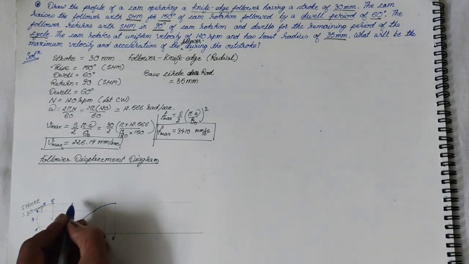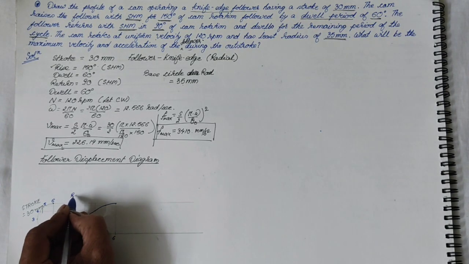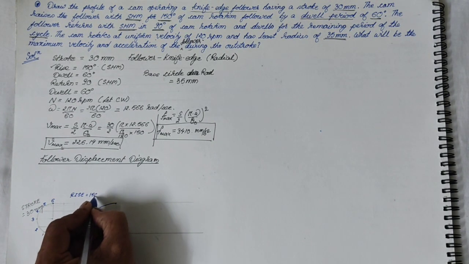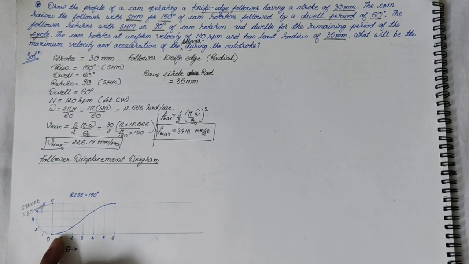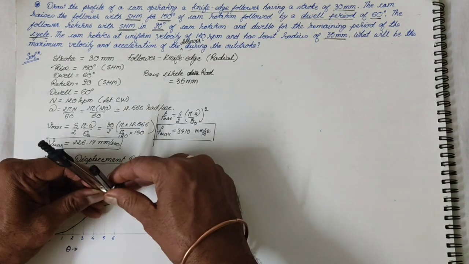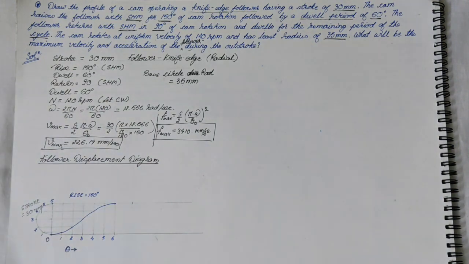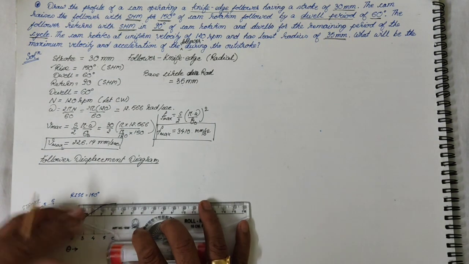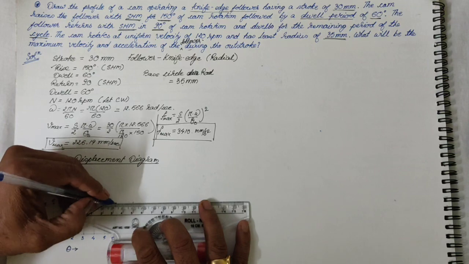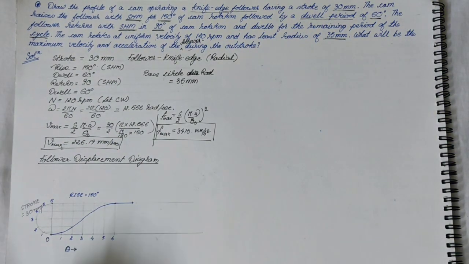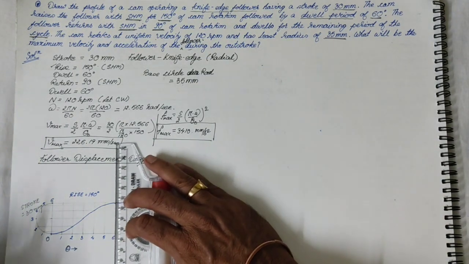Now, this is the rise, which is of 150 degrees, as if we have divided 150 degrees into 6 parts. Then again I can mark any random distance to express the dwell. So from 6 to 7 is the dwell period, so we can demark them.